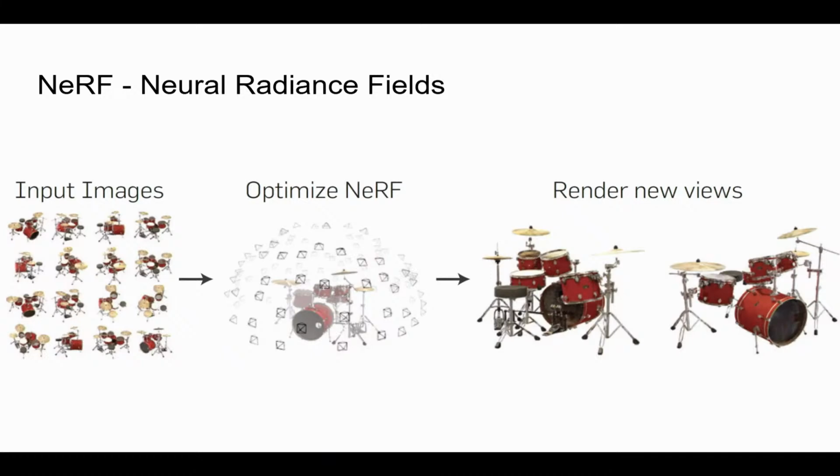I'm not sure how it is in speech, but in computer vision, we have some tasks which are solved by, let's say, training of neural networks, but actually there's no machine learning involved, I would say. An example which I'm showing here is neural radiance fields.